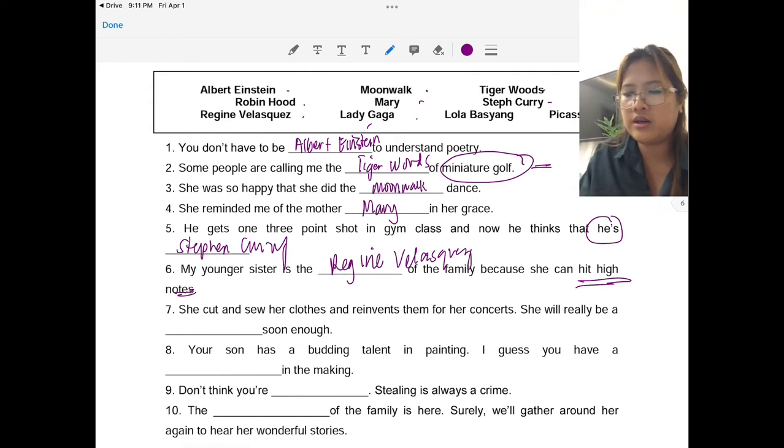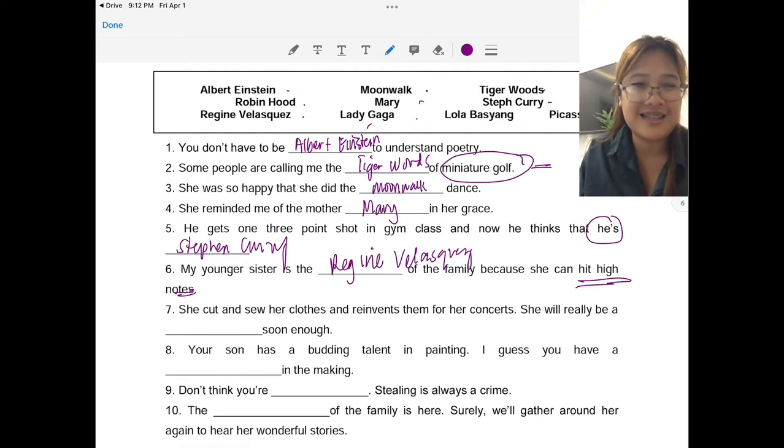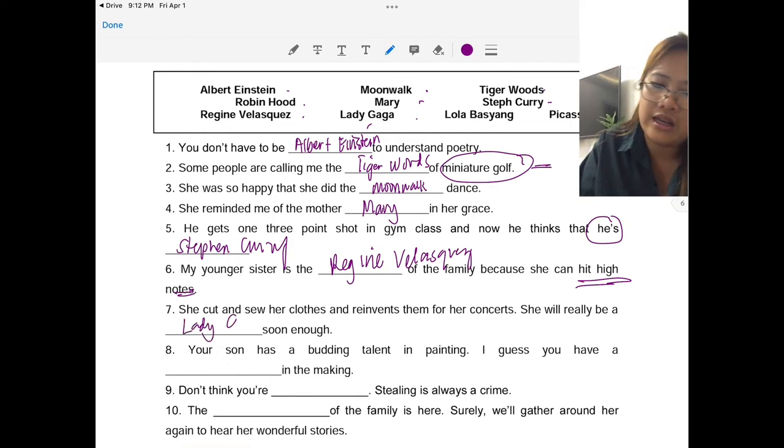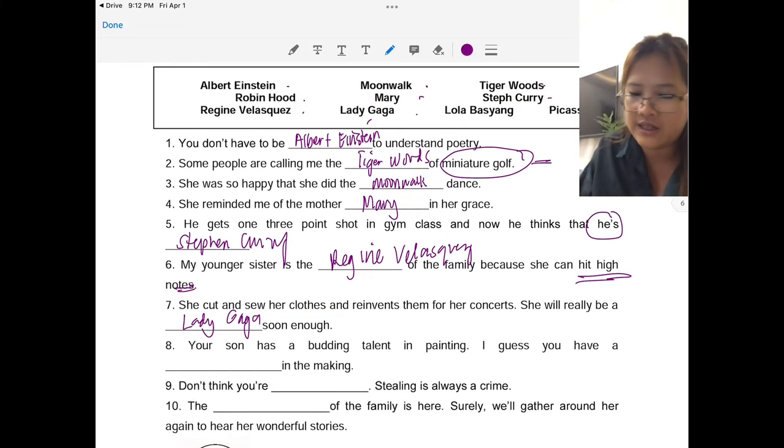"She cut and sewed her clothes and reinvents them for concerts." She will really be who is known for her artistic, controversial clothes for concerts. Lady Gaga. I like Lady Gaga a lot. She's very creative. "Your son has a budding talent in painting."